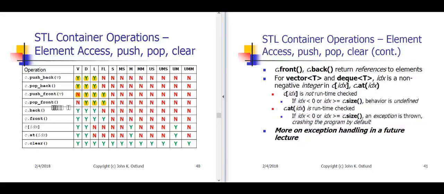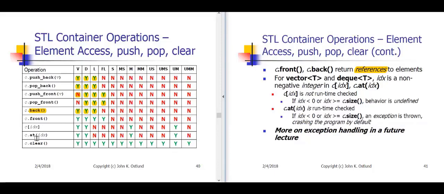All right, and so pop front also is not provided for vector, but is provided for deck, list, and forward list. Now the back member function returns a reference to the element at the back of the container, and that's supported for the vector, deck, and list, but not for the forward list.